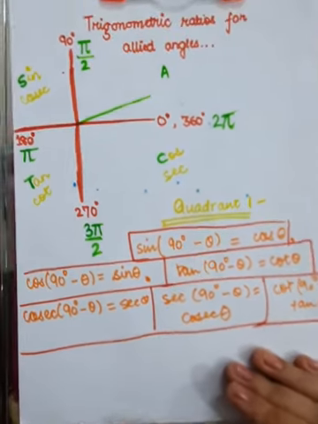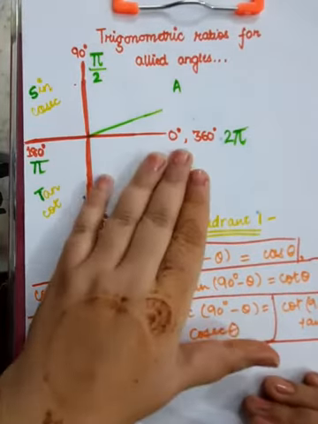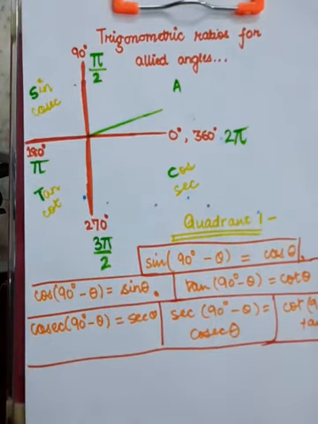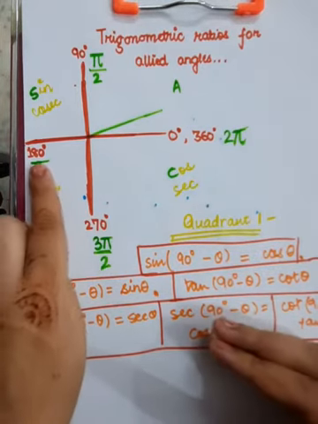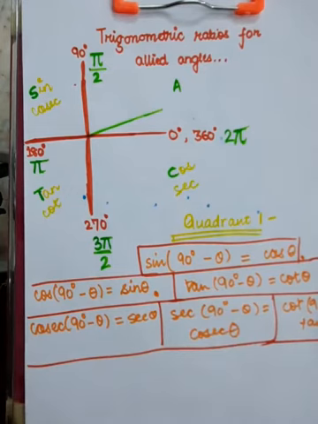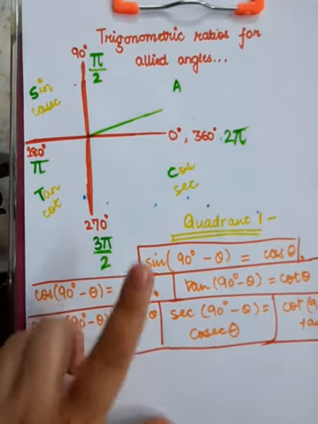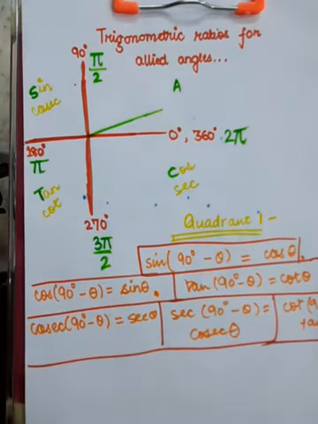And we know that keeping 0 degree as it is, 90 degree can be written as pi by 2 in radians. It's actually pi by 2 radians. Similarly, 180 degree is pi radians, 270 degree is 3 pi by 2 radians, and 360 degree is 2 pi radians.